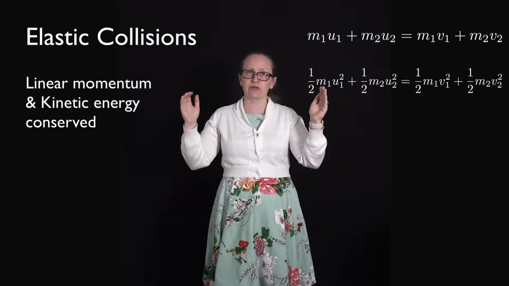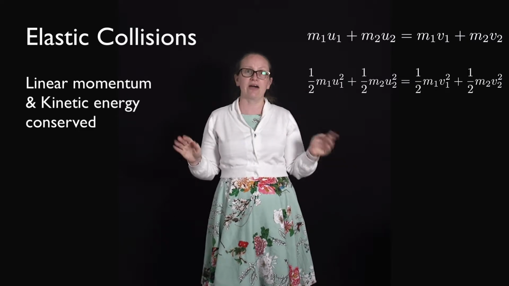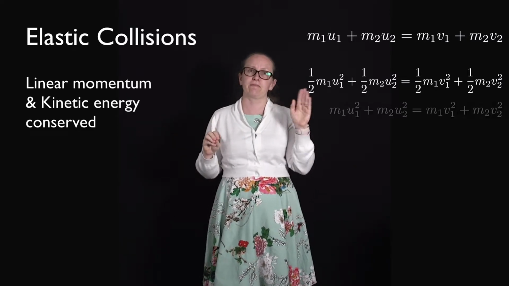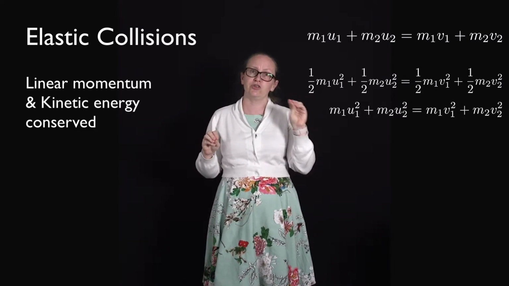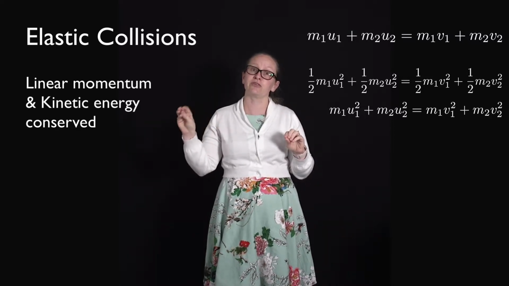There's a half in all of the terms, so we can cancel them out and write the equation as m1u1 squared plus m2u2 squared is equal to m1v1 squared plus m2v2 squared.